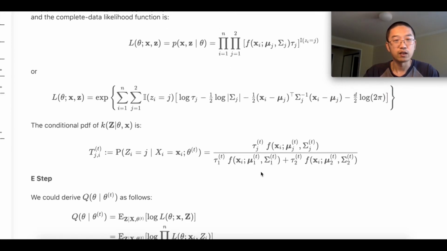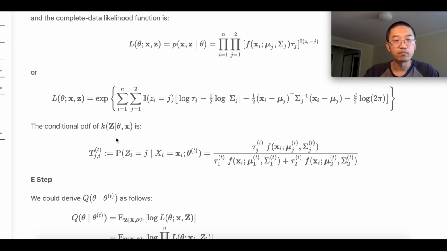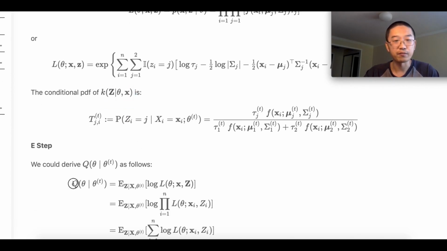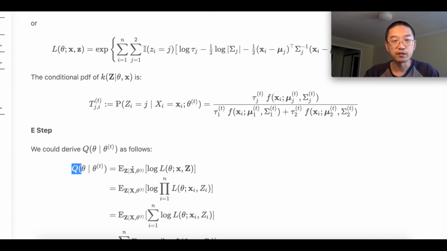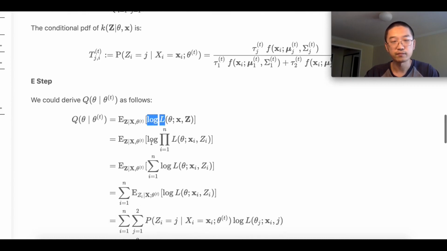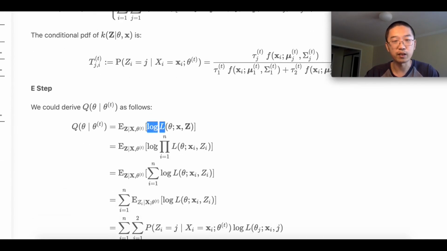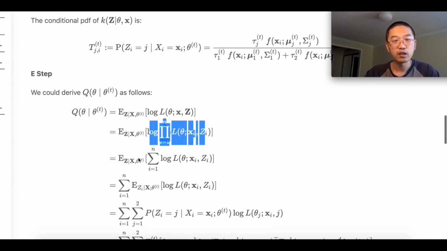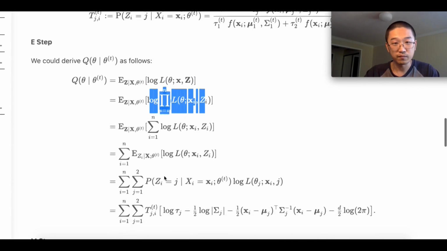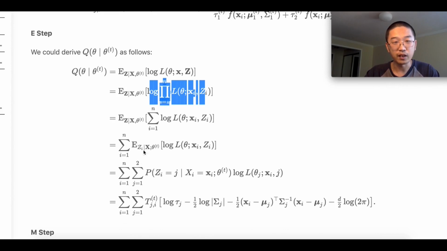So now we got the PDF, the K function. Now we can calculate Q. The Q is just the conditional expectation of Z given x and theta t on the log of the complete likelihood function. We plug in those functions we got, and then that becomes the expectation.